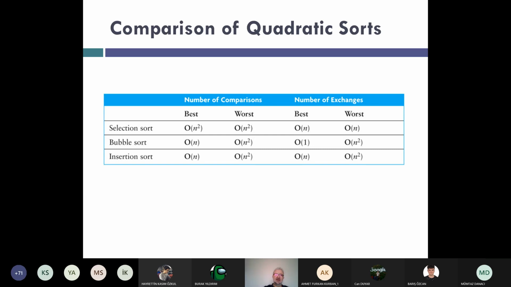As far as the number of comparisons are concerned, as you see, selection sort is always theta n squared, but bubble sort and insertion sort can be linear number of comparisons in the best case.